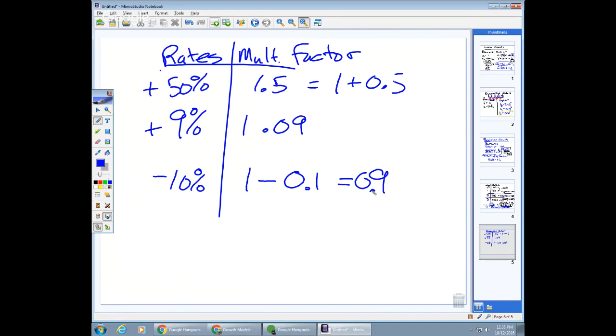And the year after that, it would be 90% of 90%. What's 0.9 times 0.9? Almost 81. So in 2 years, our dollar would be worth about 81% of what it's worth now. Now, inflation is not 10%. Typically, inflation's around 2-ish%. It's not that high.